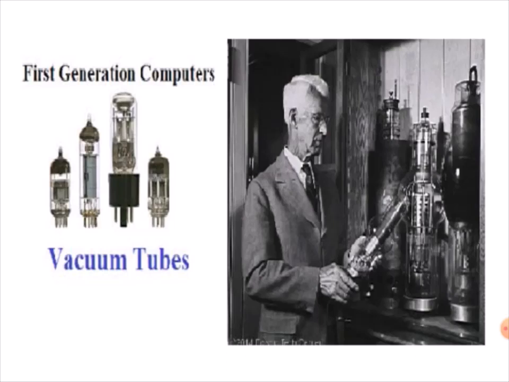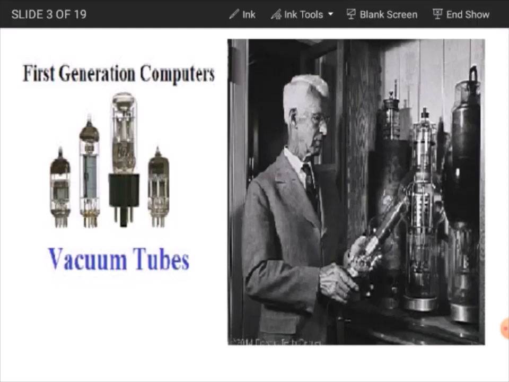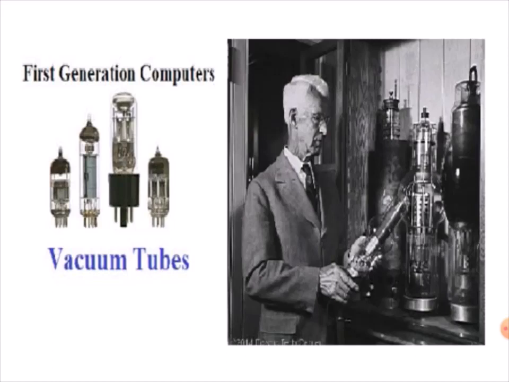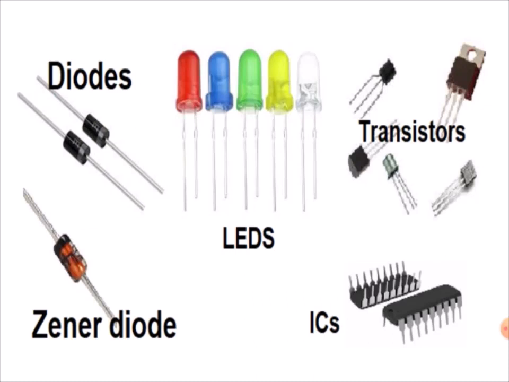But in the case of semiconductor devices, these are very small in size, operate at low voltage, consume less power, are very reliable, and at the same time their lifespan is very long. So we use such semiconductors like diodes and transistors.